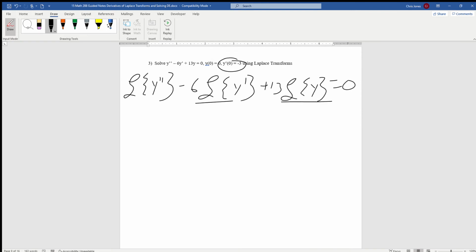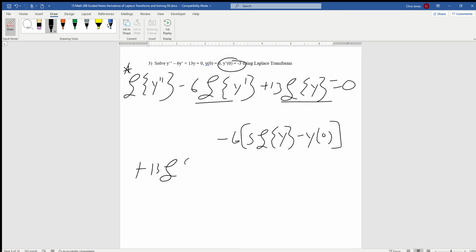Those are easy, but this one we haven't seen yet, where we have one of these y double primes. So let's just focus on the ones that we know how to do. So we have minus 6 times s Laplace of y minus y at 0, and then we still have the 13 Laplace of y equals 0.